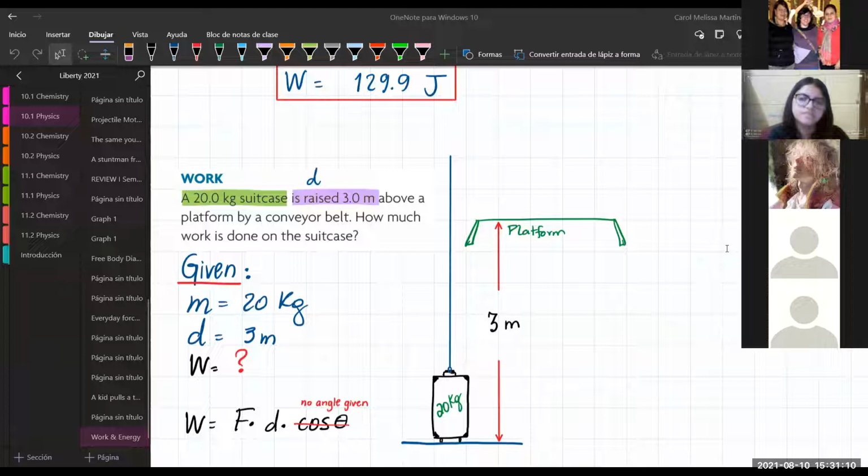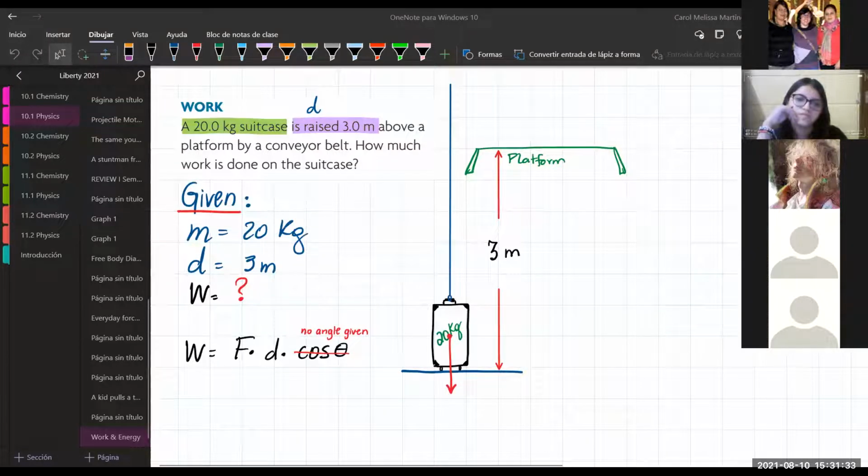Gravity is the acceleration that is causing the objects to go down, but also the mass of the object. So there is a force that is always pushing down the objects, and this force is what we know as weight. Weight is an example of a force, okay?